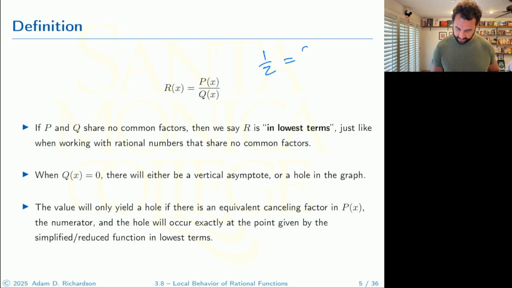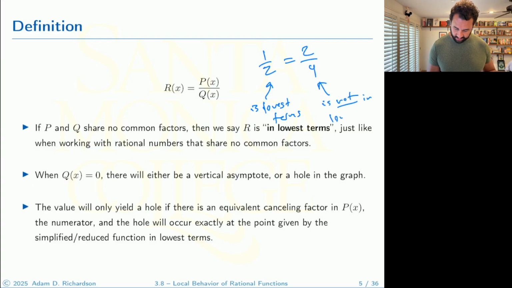So 1/2 is equal to 2/4, but this is in lowest terms. This is not in lowest terms. Sorry, bad handwriting. Yeah, so if there are no common factors, we say in lowest terms.